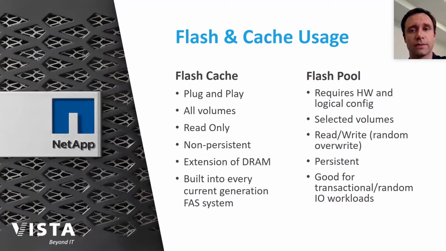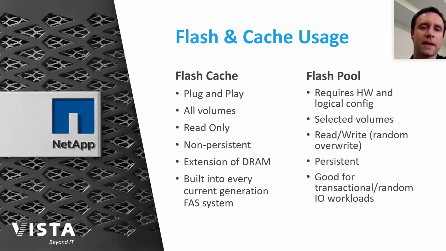For example, on the 2750, we've got a terabyte of NVMe cache that is available, and it's essentially an extension of DRAM on the storage controllers to increase our performance. So even if you only put 10K drives in a FAS 2750, you really are getting some of the benefits of going with a hybrid array.